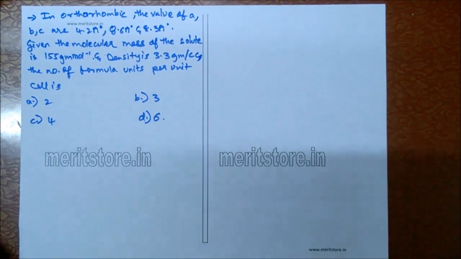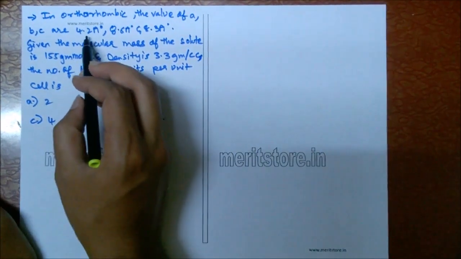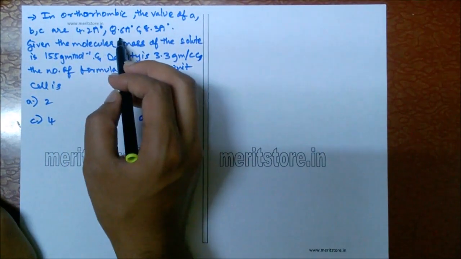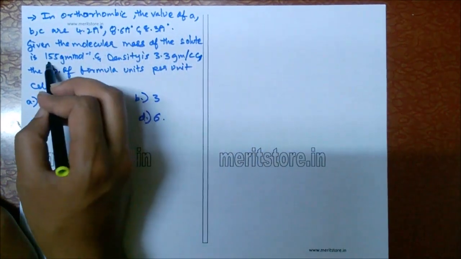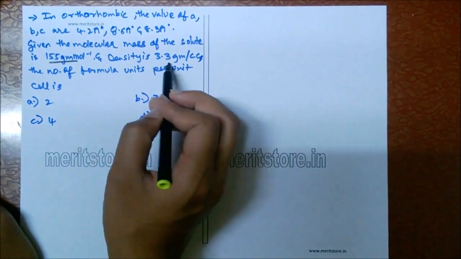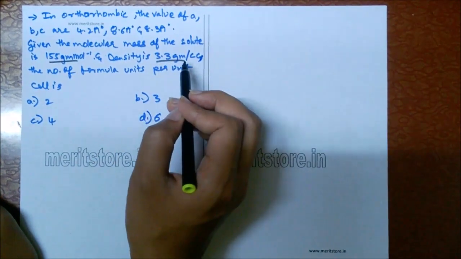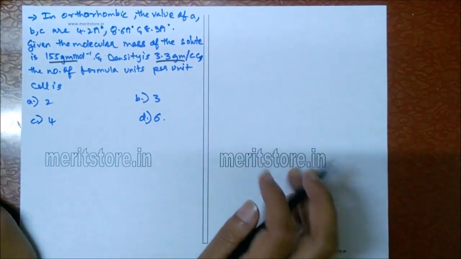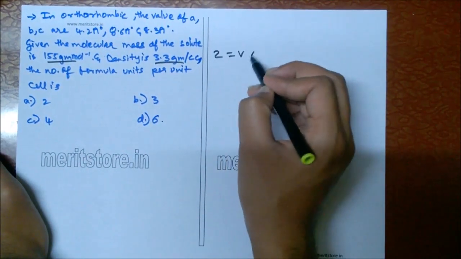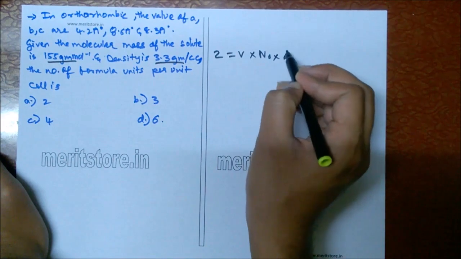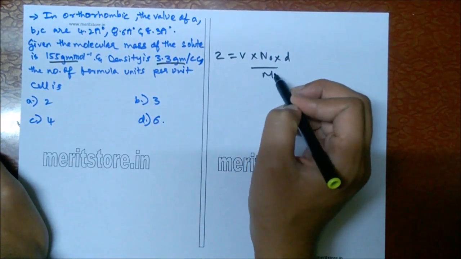In orthorhombic, the values of a, b, c are 4.2 angstrom, 8.6 angstrom and 8.3 angstrom units. Given the molecular mass of the solute is 155 gram per mole and density is 3.3 gram per centimeter cube, the number of formula units per unit cell is? We have the formula Z is equal to V into Avogadro number into density upon molecular weight.